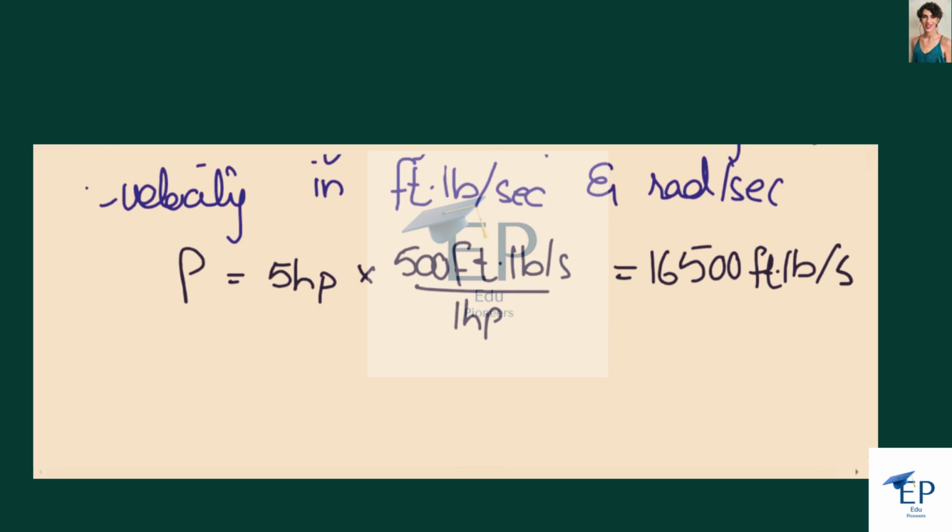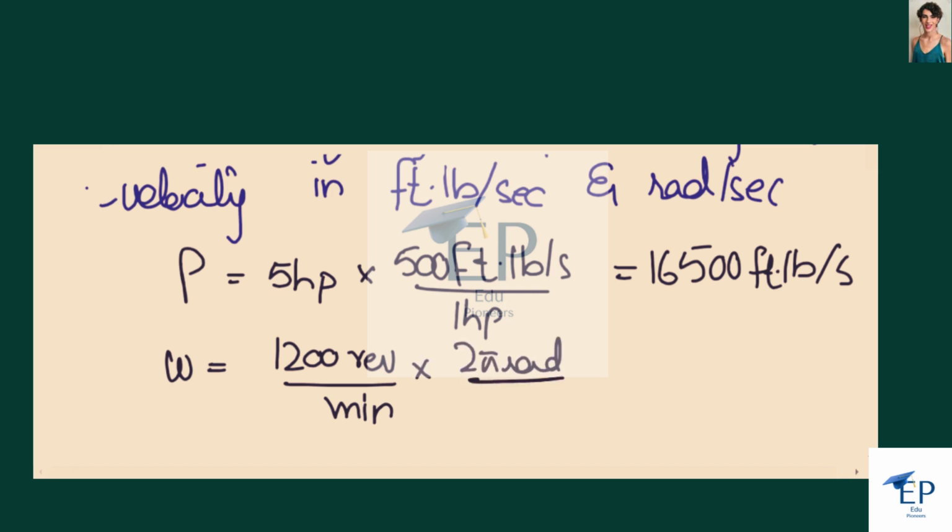Next, we need to change the angular velocity. So that is 1200 revolutions per minute, so 2 pi radians divided by 1 revolution, times 1 minute divided by 60 seconds.